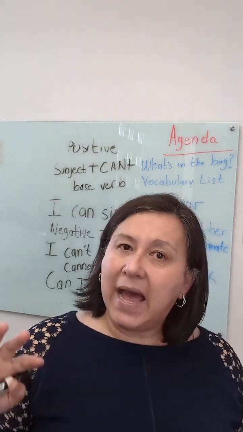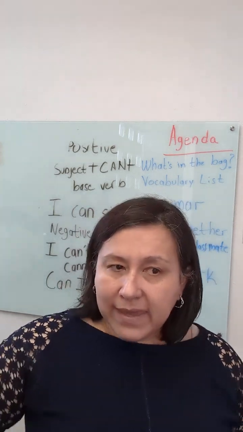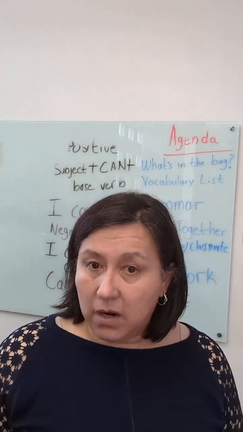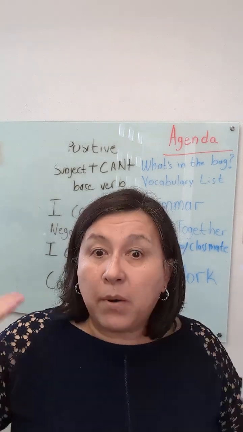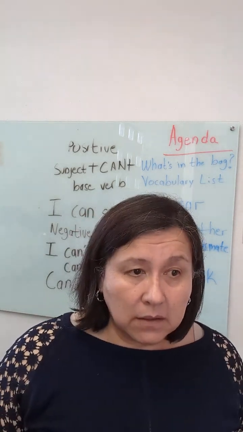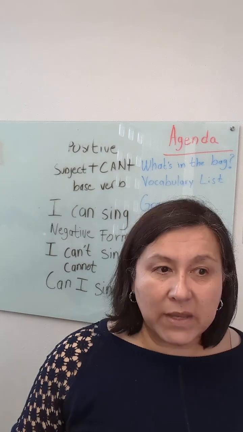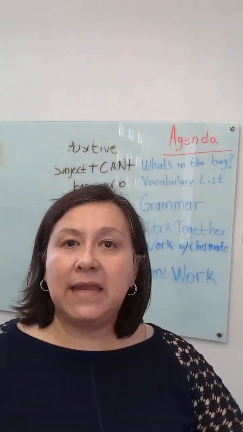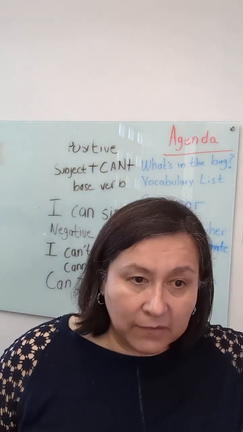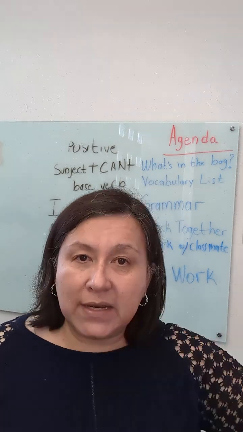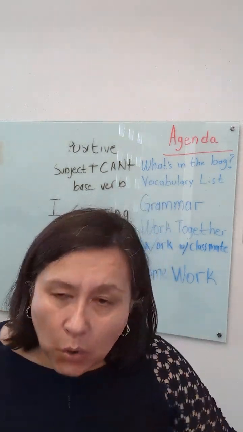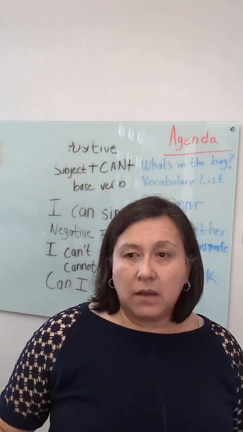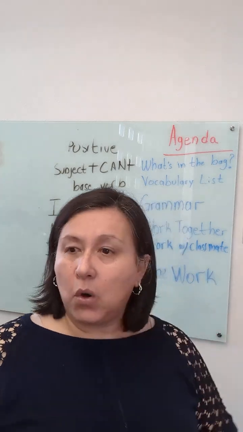So you see how we can use this verb as a possibility, an ability that we can do, and then do it in a positive sentence, do it in a negative sentence, or a question. I want you to look on your desk.